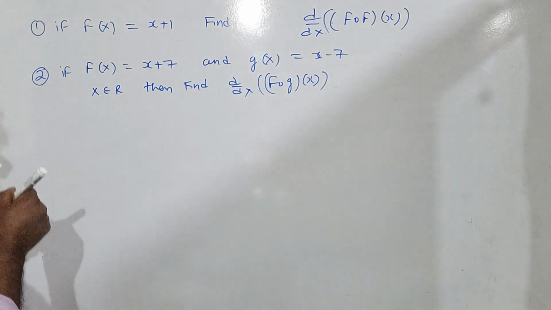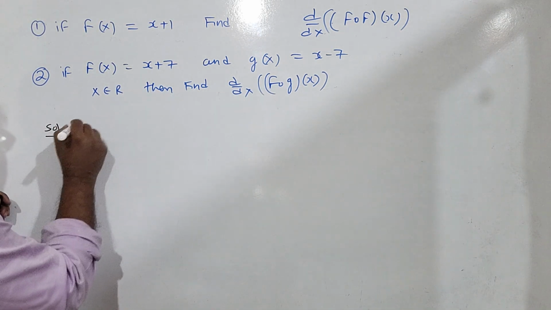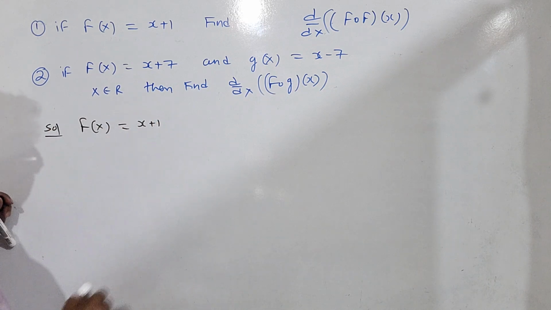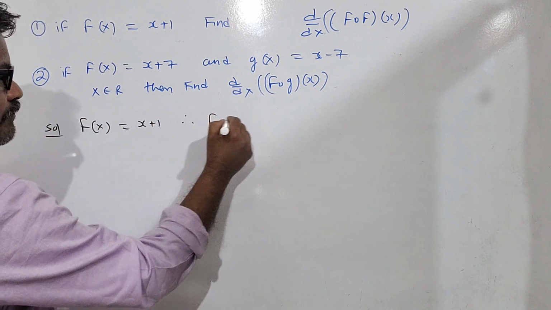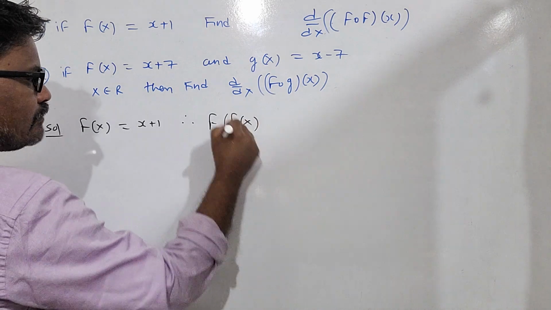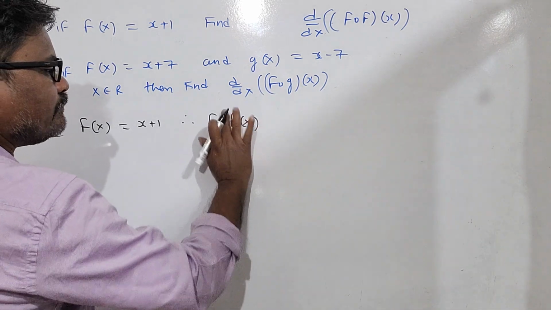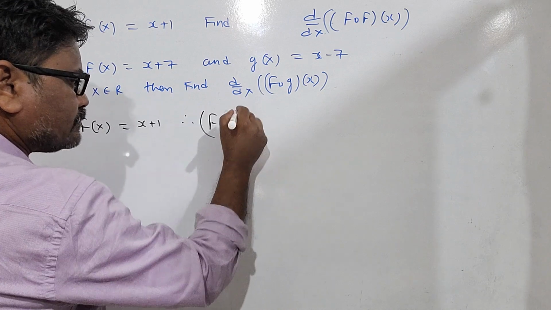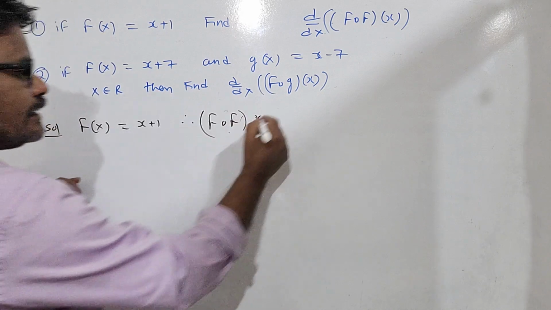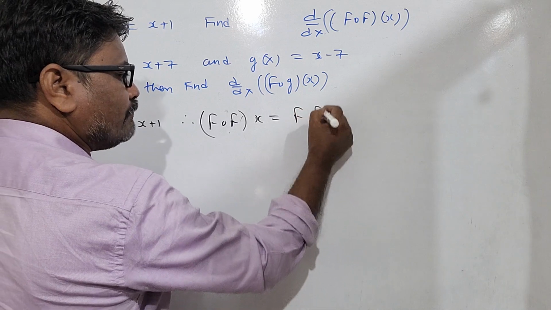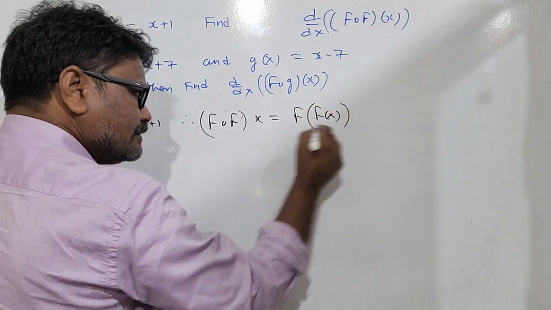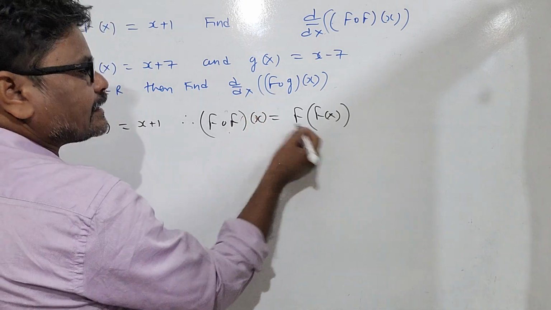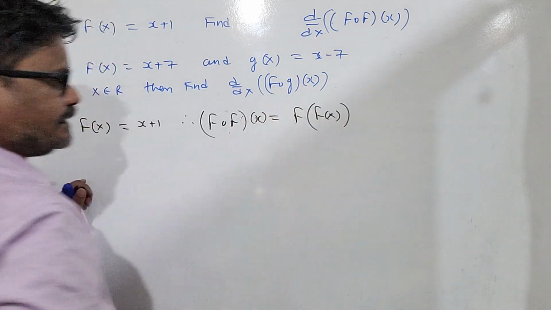See, the first one is the solution. f of x is given as x plus 1. So how do we find f composition f of x? It can be written as f of f of x.